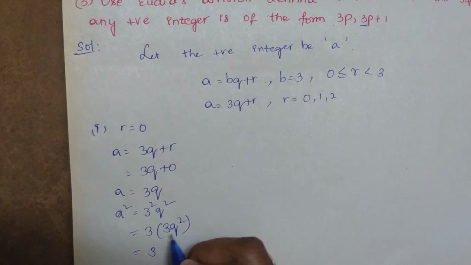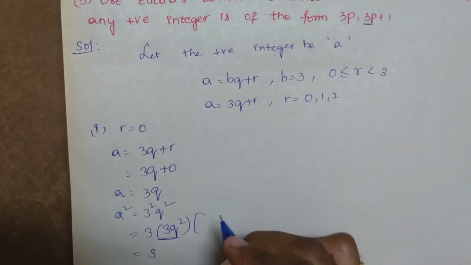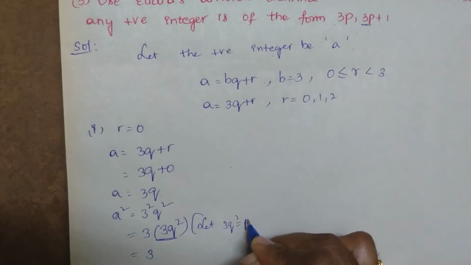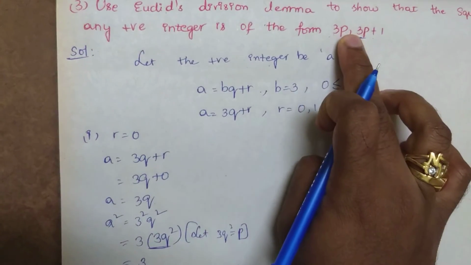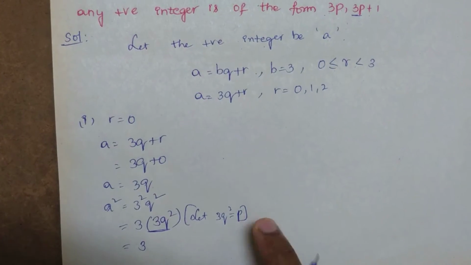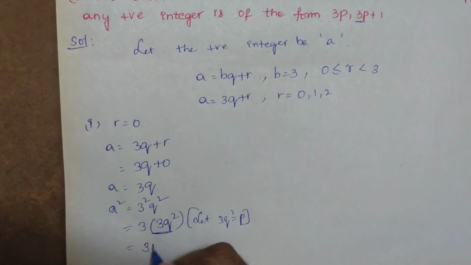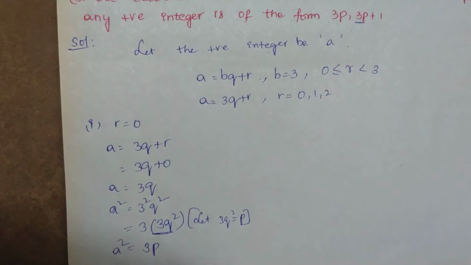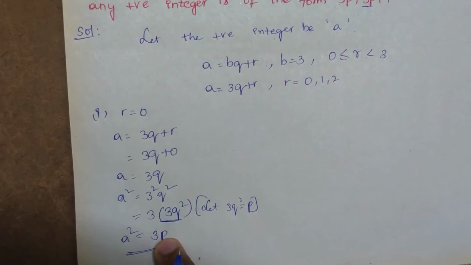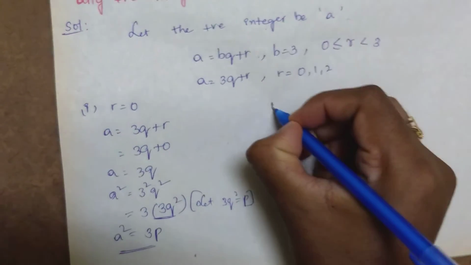I am assuming 3q square as p, because in the question it is asked to prove in the form of 3p or 3p plus 1. You have to write this in the exam also. So a square equals 3p. In case 1, it is proved that the square of the positive integer is in the form of 3p.